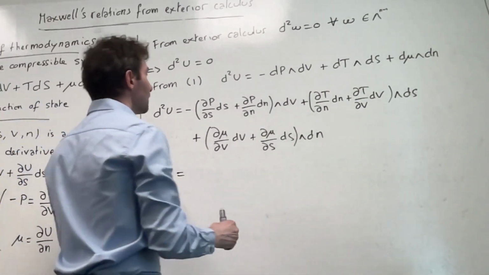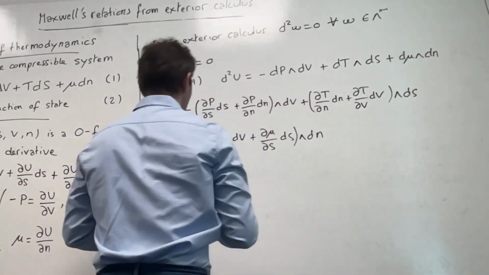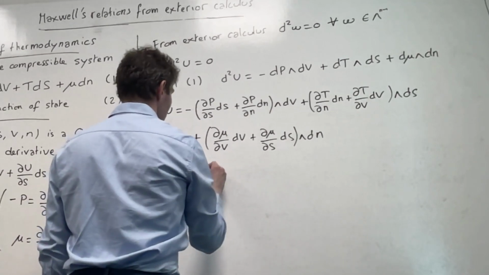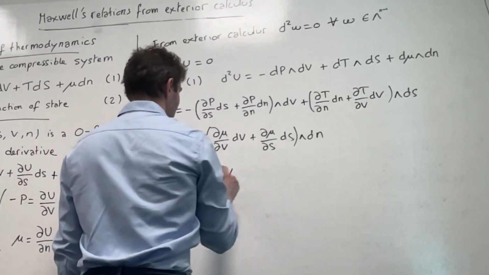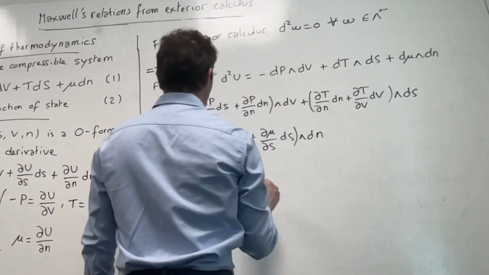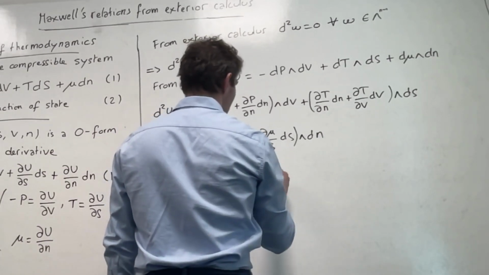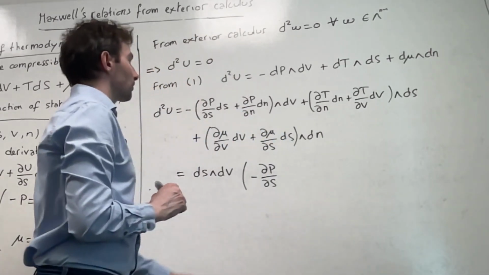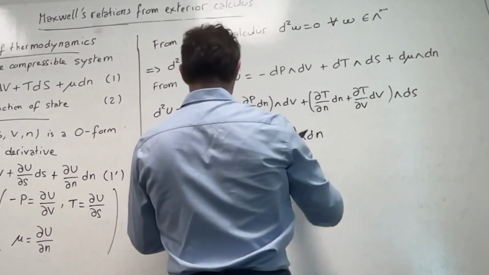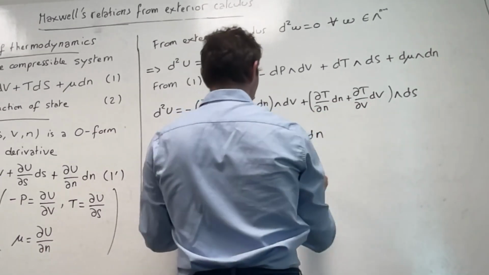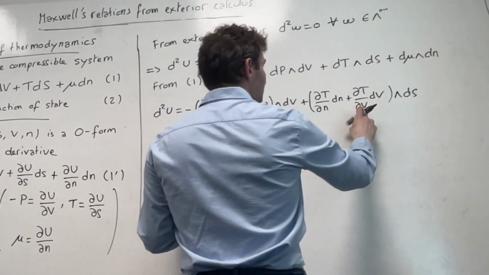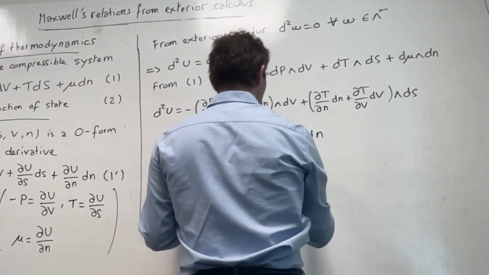So now what I'm going to do is simply try to group the terms together. Let's look at ds wedge dv, for example. It's going to be factorized minus dp ds, and then minus dt dv.